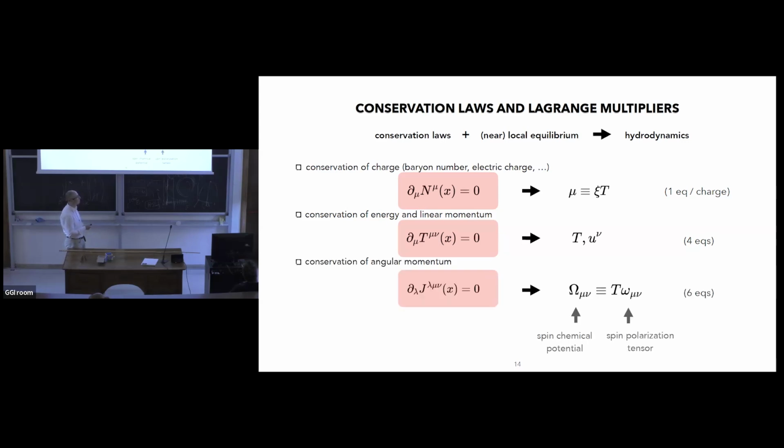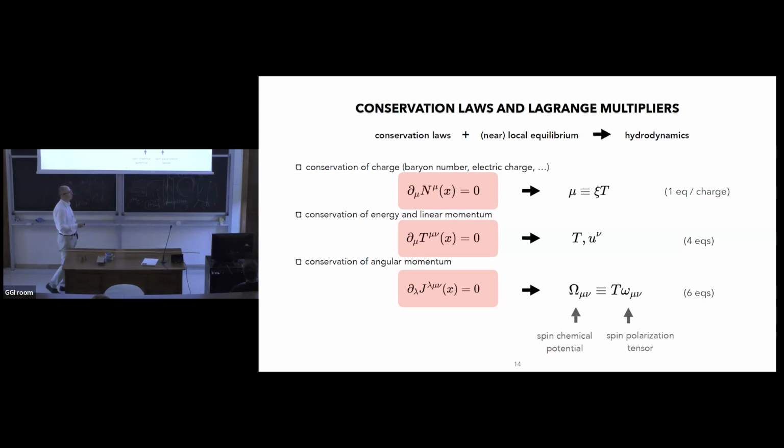Now you can generalize it, and you can try to include additional evolution equations which will follow from the conservation of total angular momentum. You have now an extra rank 3 current, which should be kind of the total angular momentum of the system, which in principle, to be satisfied in the evolution, should also be connected with introducing additional Lagrange multipliers.